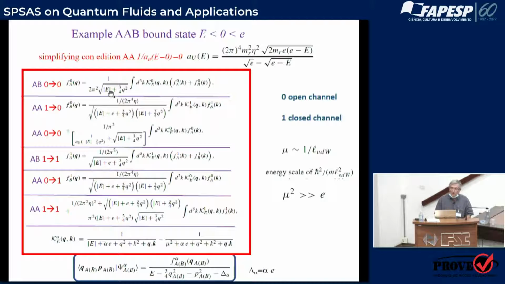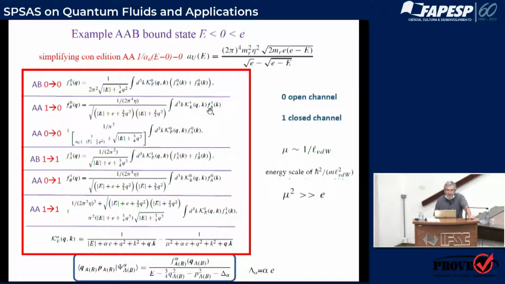And of course, this will have an impact. Suppose I now calculate the energy of this trimer state. I can move it, for example, by changing the separation between the open and closed channel. So these are coupled equations. Of course, you could ask, but where is the three-body force? The way we could do it is to eliminate, of course, formally this is not easy, but we could eliminate, for example, F1 here.